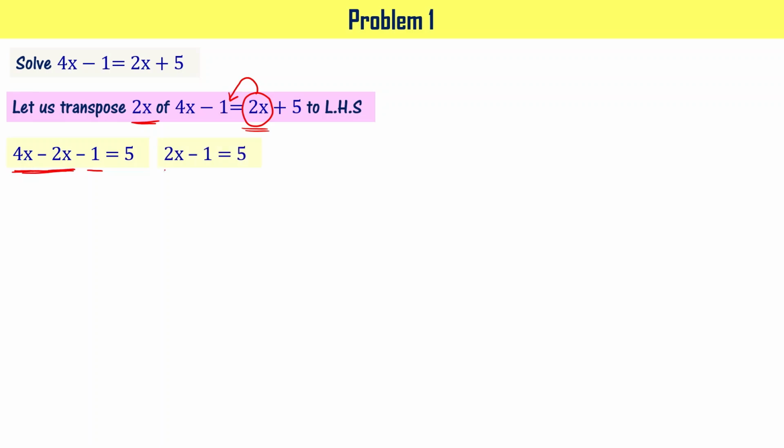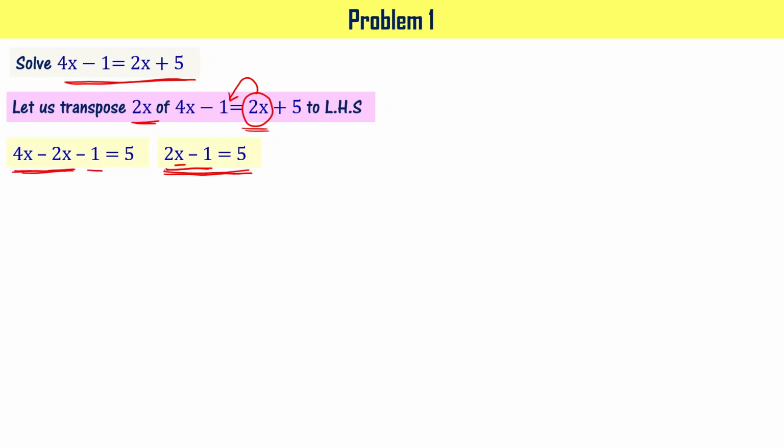This is a linear equation which is equivalent to the given linear equation, right? We have simplified this equation such that we got it as 2x minus 1 equal to 5. This particular one is a linear equation in one variable. That too, the variable is on one side of the equation. Got it?